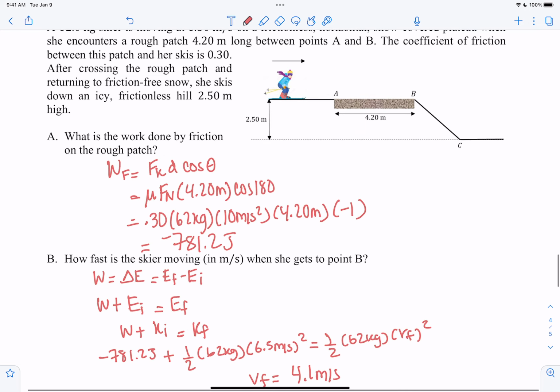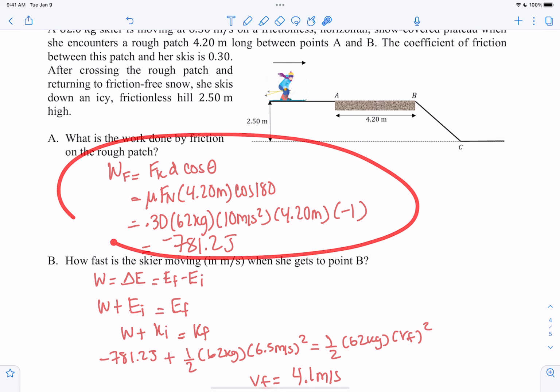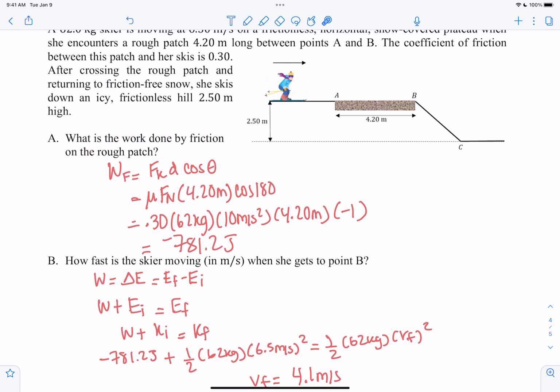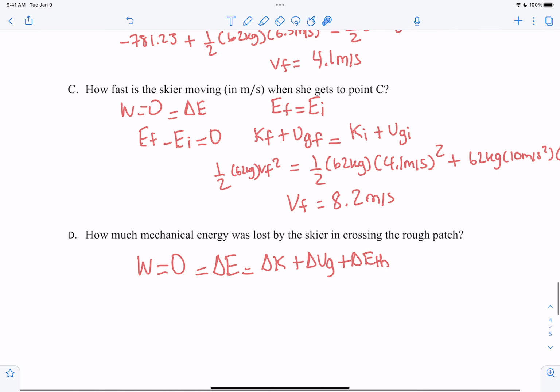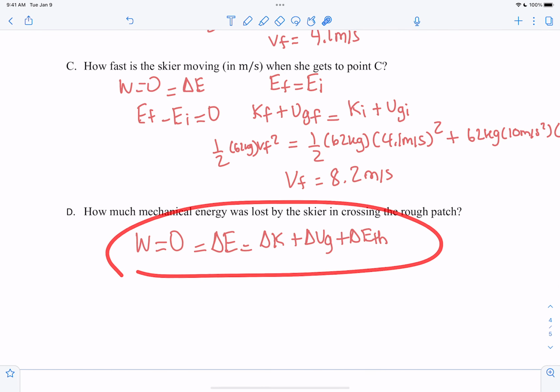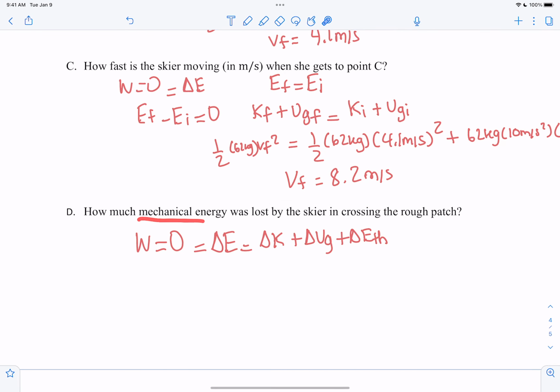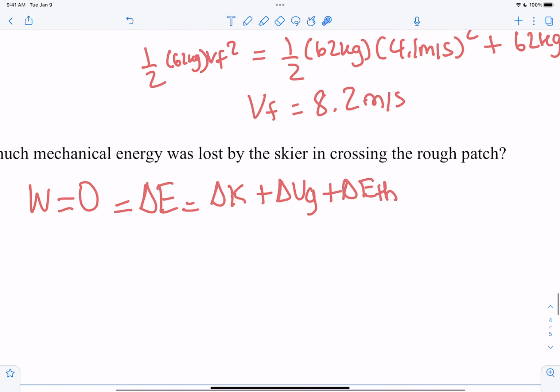So part A is like externalizing the frictional force. So we want to figure out how much work was done by friction. And then here is internalizing it, because they're asking about mechanical energy, and mechanical energy is talking about kinetic energy plus gravitational potential energy, and then plus any other energy sources that we have here.